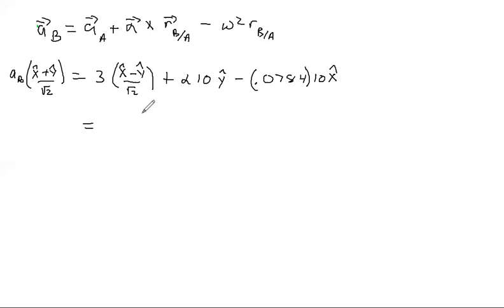Let's write this as x hat times 3 over root 2 minus 0.784, yeah, that's okay, plus y hat times, I have 10 alpha minus 3 over root 2.